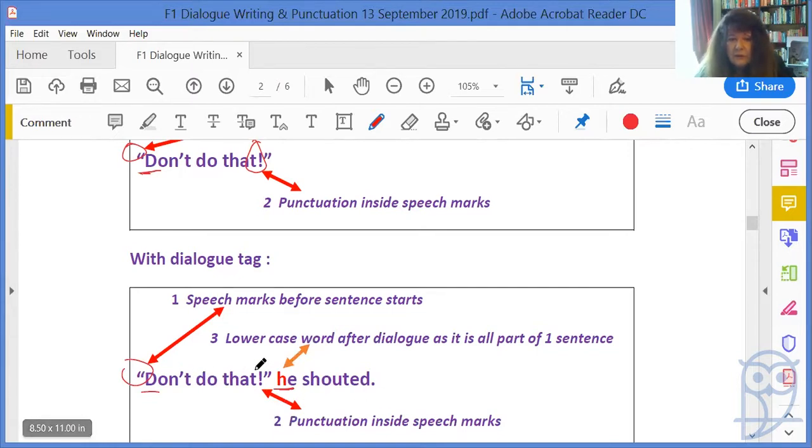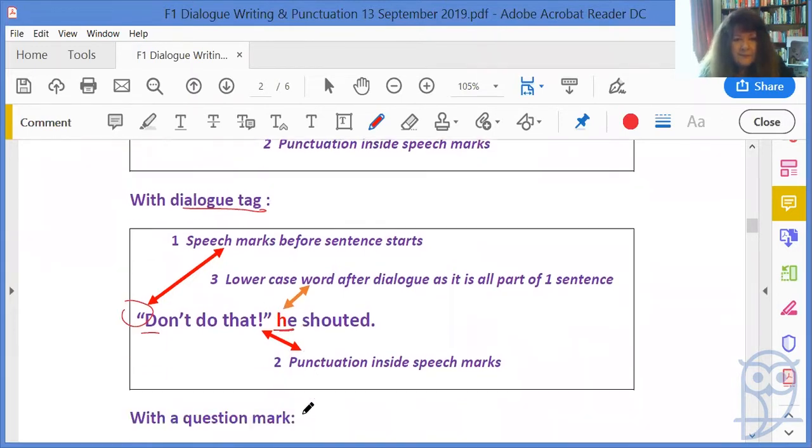"Don't do that," he shouted. Look at the red. It must be a small letter, not a capital letter. So that's with your dialogue tag: he shouted, he screeched, he screamed, etc. You must have a small h when you've got the dialogue tag there.